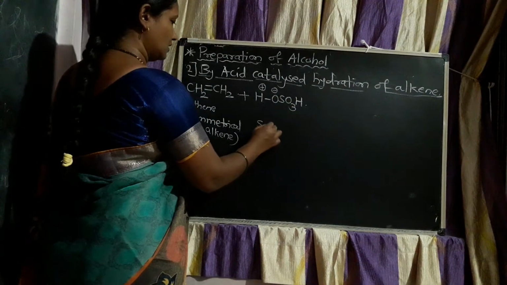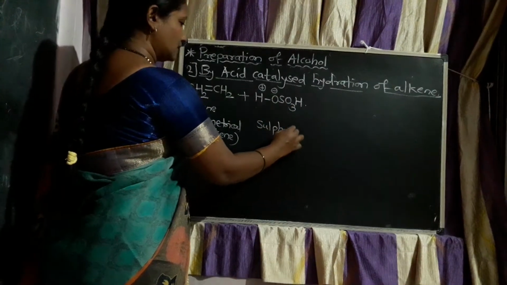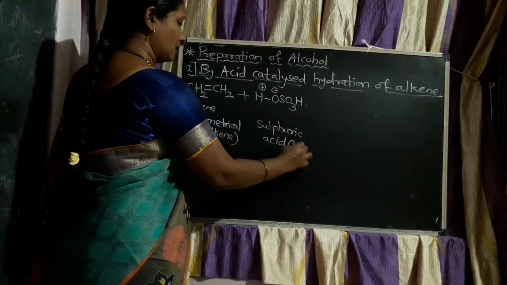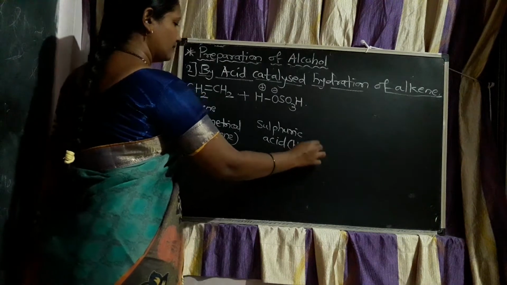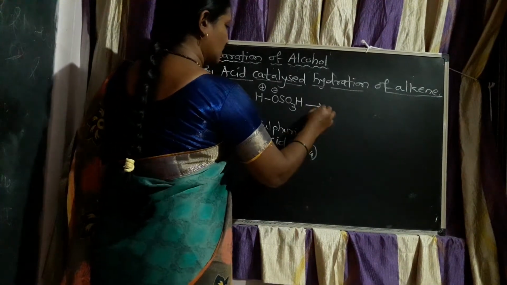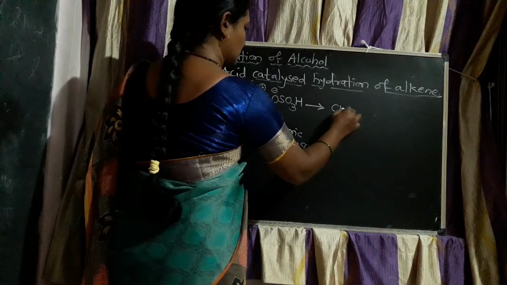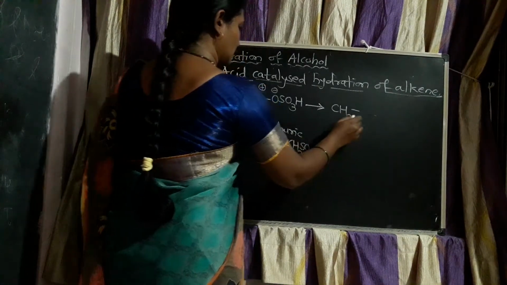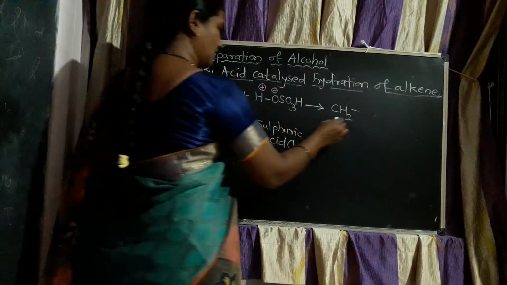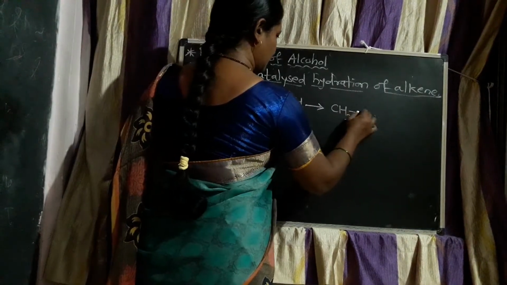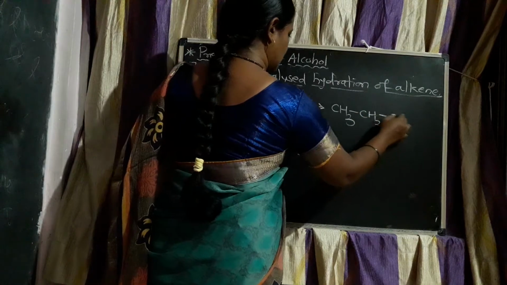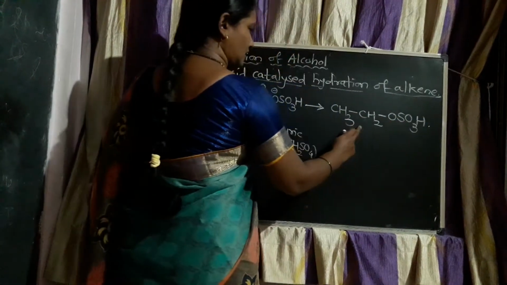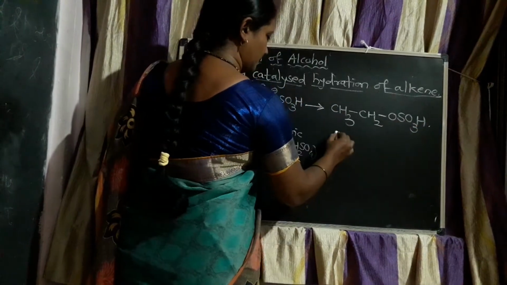This is the sulfuric acid H2SO4. Then here, with the symmetrical alkene, we get CH3 CH2 OSO3H. This is alkyl hydrogen sulfate.